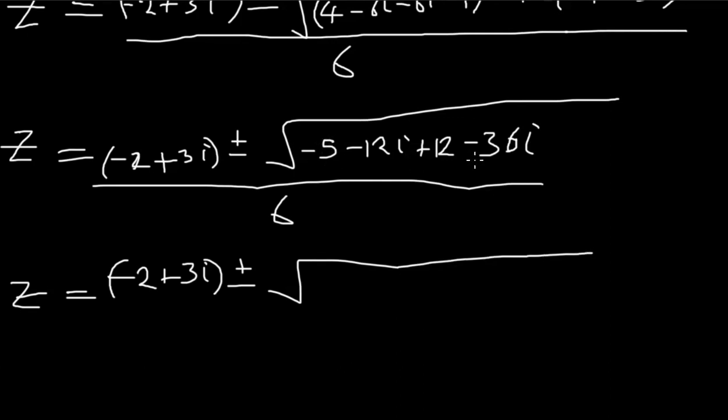So negative 5 plus 12, you get a positive 7, and then negative 12 minus 36, you get a negative 48i, negative 48i. Then everything over 6.